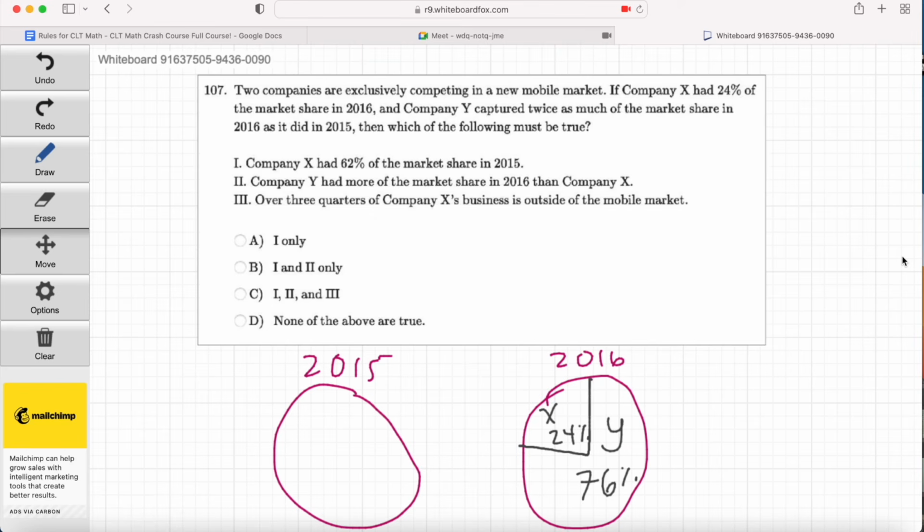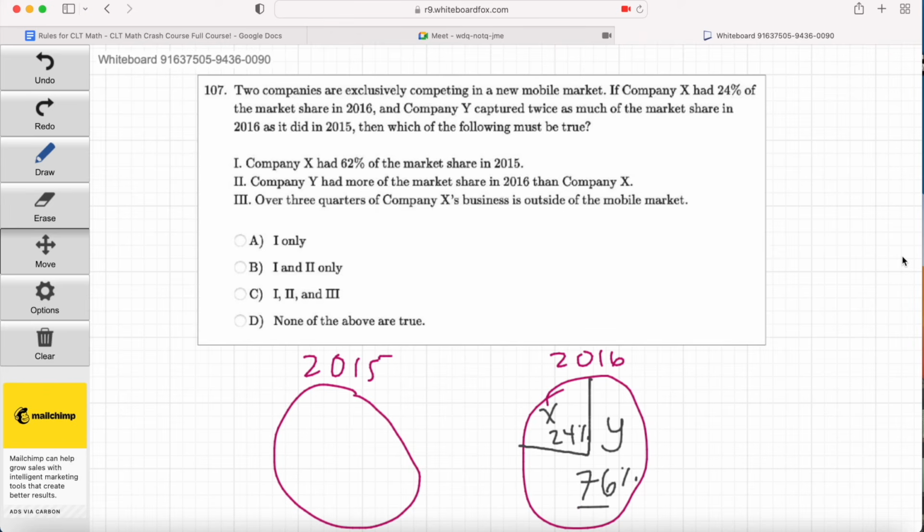Would that be 34%? It's going to be half of 76, right? I don't think it's 34 because 34 times 2 is 68. Like 35 times 2 would be 70. You see where I'm going with this? So it's got to be bigger than 35%.